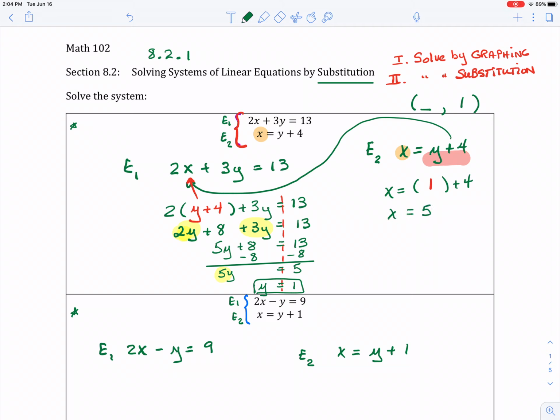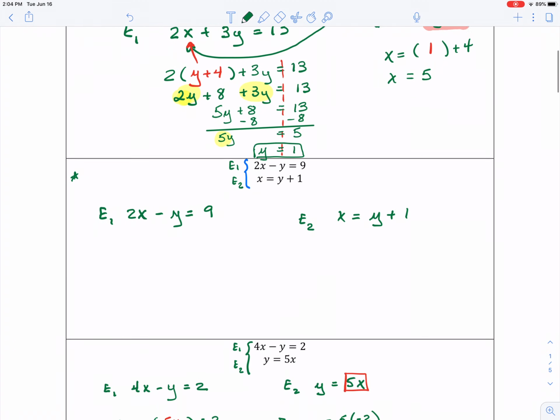And when I finish that, then I have finished solving. I now have the ordered pair, the x value 5, the y value 1. If we graphed these two lines, they would cross in quadrant 1 at the point 5, 1. So that's your first experience with substitution. Let's do a couple more of these.